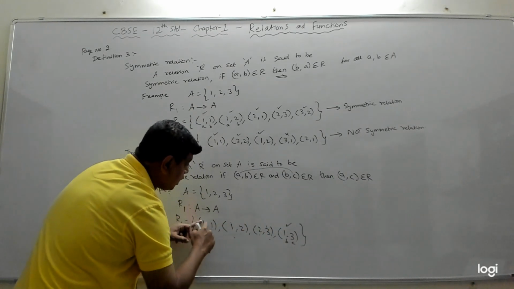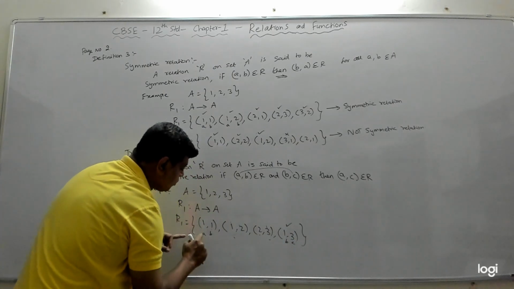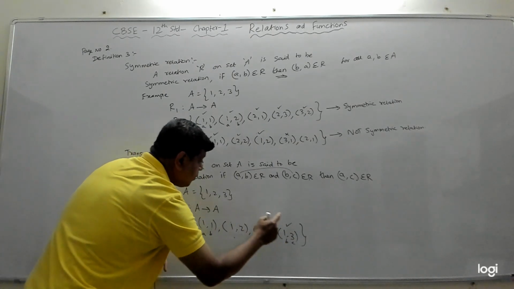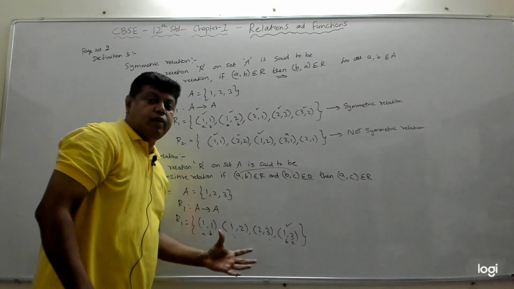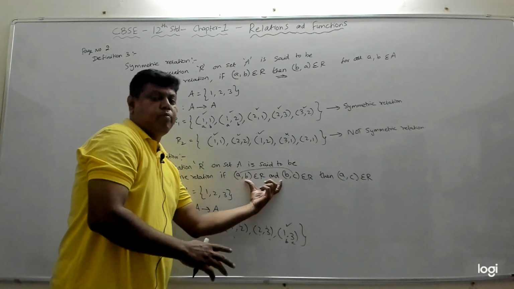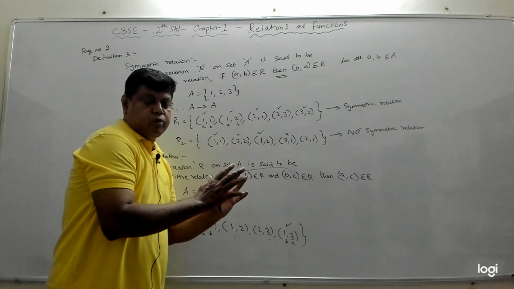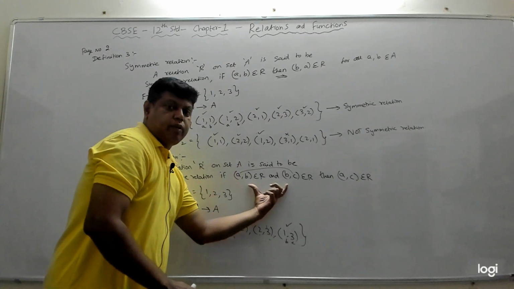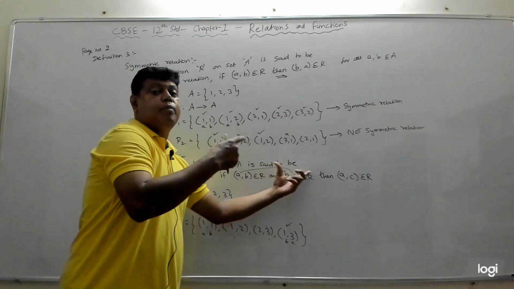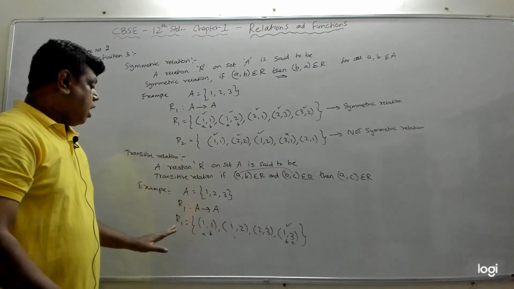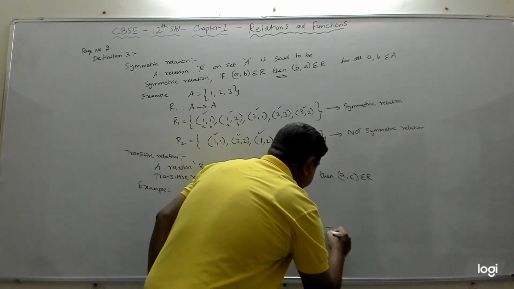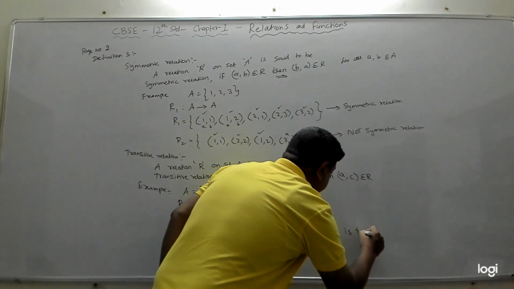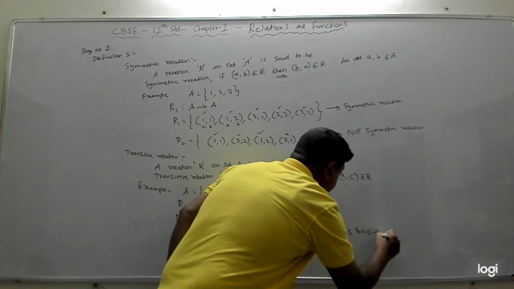Which means A comma C. What is A comma C? A is 1, C is 3. Then 1 comma 3 should be there, which is there. 1 comma 3 is here. So it is satisfied for every two elements which are in this form. Whatever two elements are in this form, A comma B and B comma C, the third element A comma C is also in R1. Therefore it is transitive. It is a transitive relation.